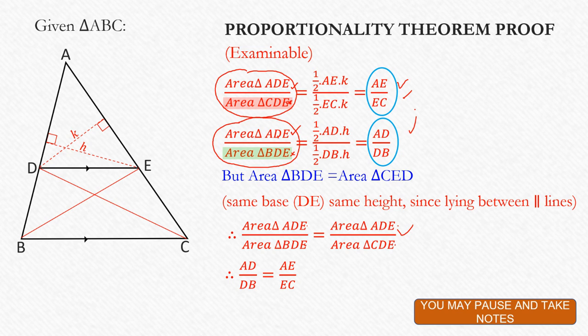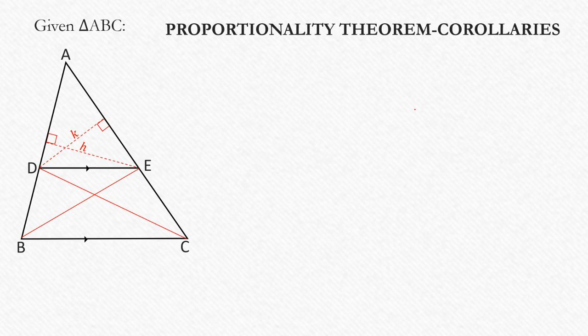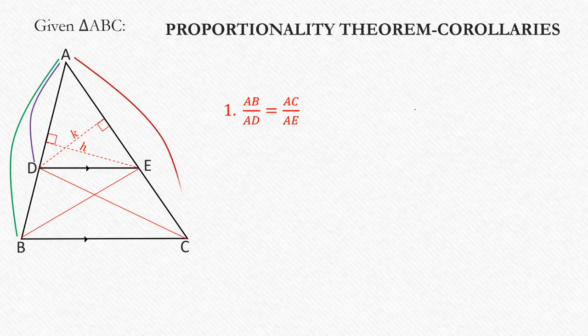Right. So now from this, we can come up with the corollaries. So we can conclude and say now AB over AD is equal to AC over AE. These are the corollaries that you have to know. So AB over AD is equal to AC over AE. We can also say AB over DB is equal to AC over EC.